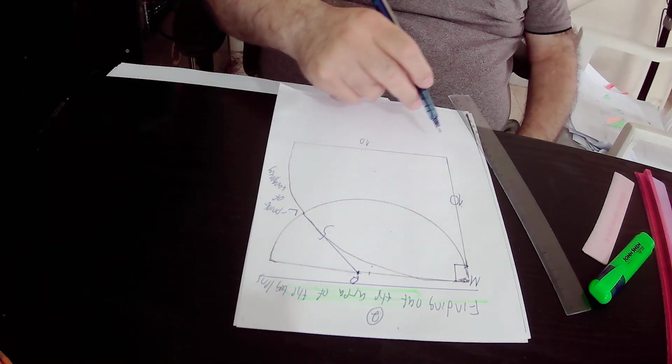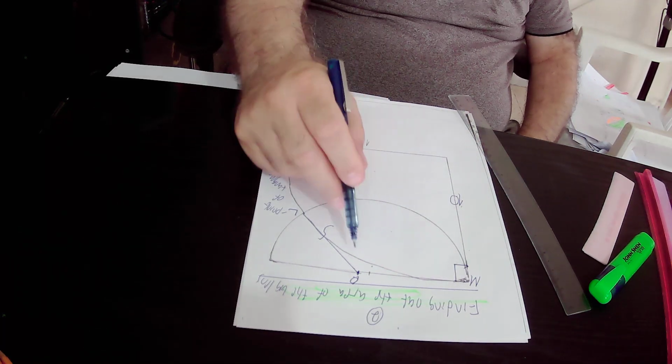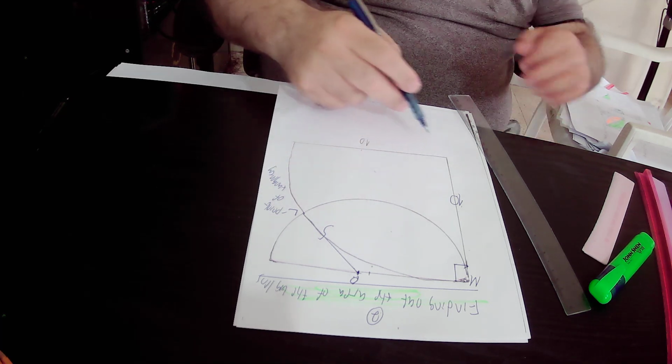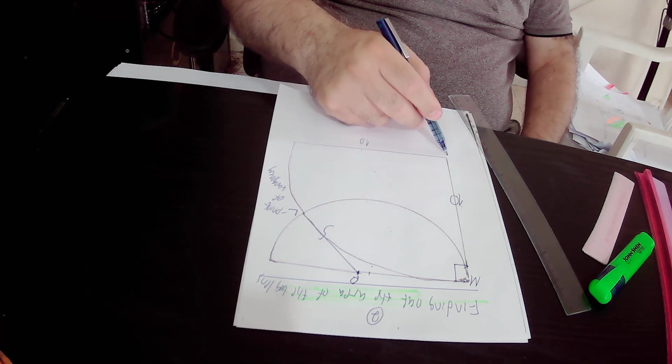We'll join the two centers together by a straight line. This is the center of the quarter circle, of course.